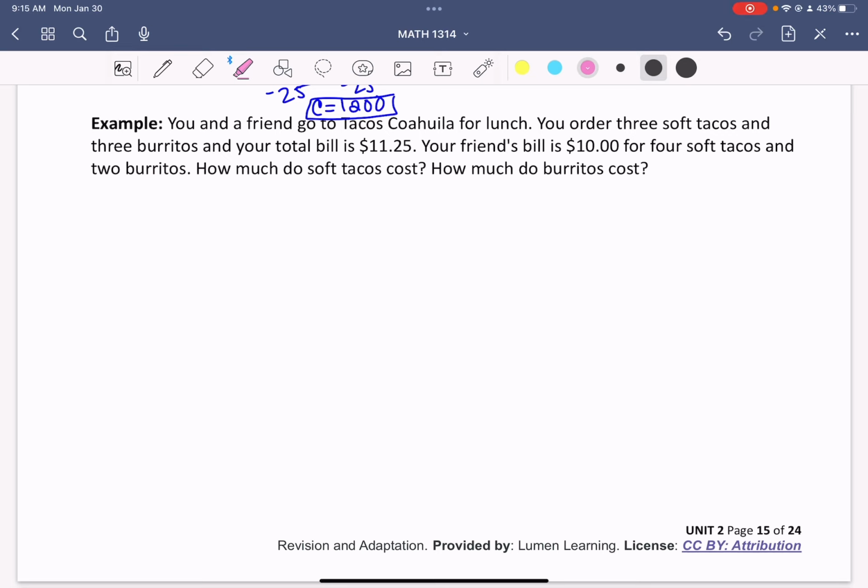So in this situation, we're setting up 2 equations, and it's not quantity and money, but it's based off what did you buy and what did your friend buy. So you bought 3 soft tacos and 3 burritos, and your total was $11.25. So if I did 3, we'll call them T for taco, plus 3 burritos, that total $11.25.